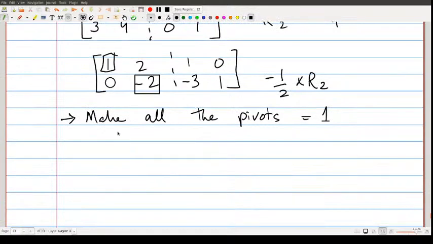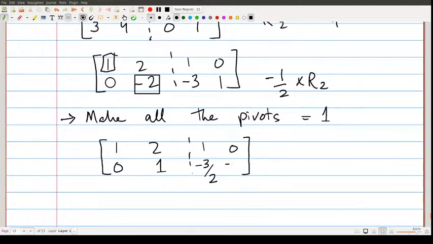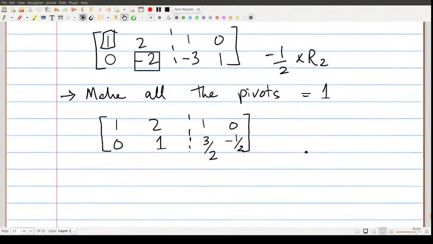And if I do that, what do I get? I get 1, 2, 1, 0. Then 0, 1, 3 upon 2, and multiplying by minus 1 upon 2, I get minus 1 upon 2. This is going to be plus. That's the first thing I do.